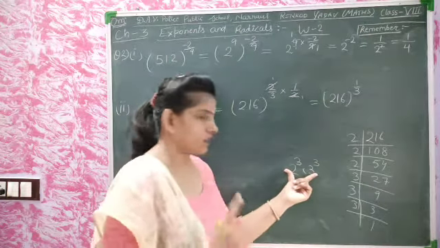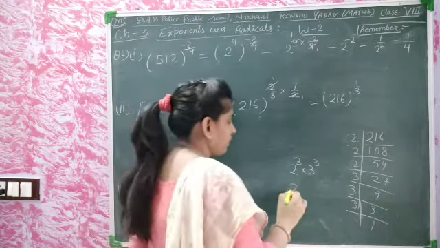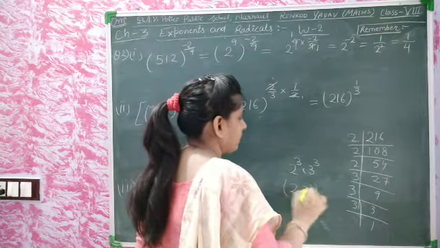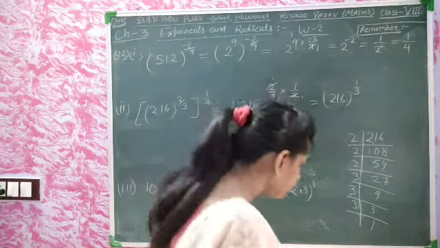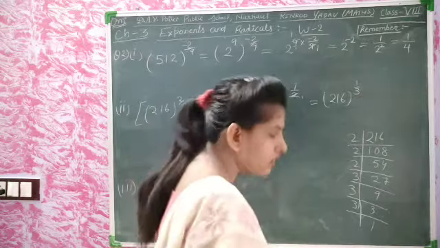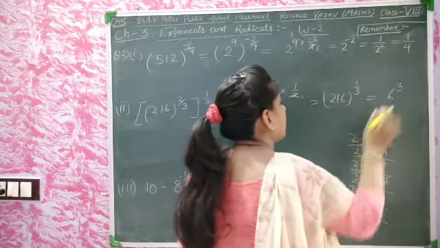But we are taking only one number here. Bases are different, but powers are the same. It means we do 2 into 3 to the power 3, so this is 6 to the power 3. Yes? This equals 6 to the power 3.